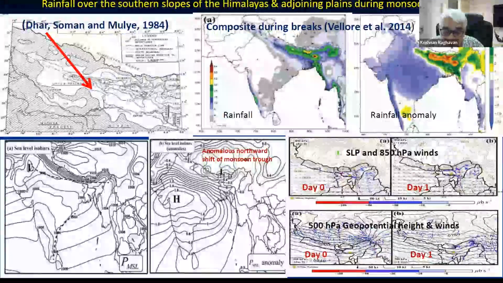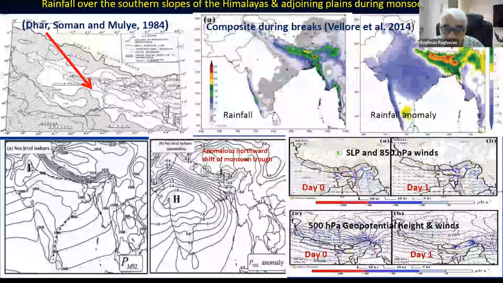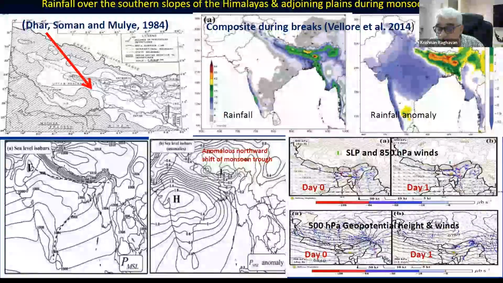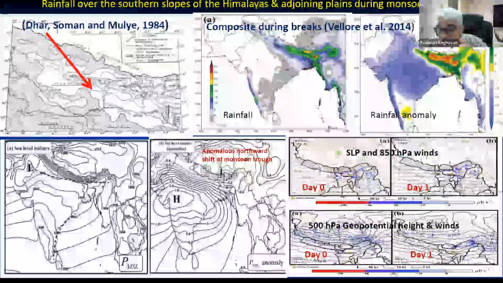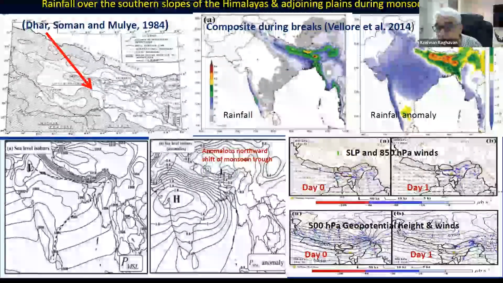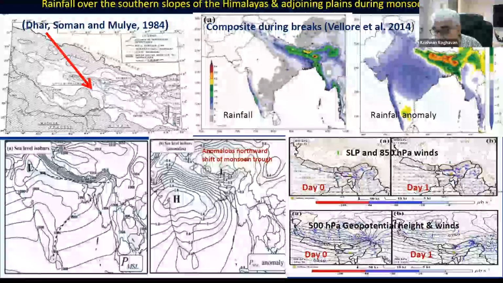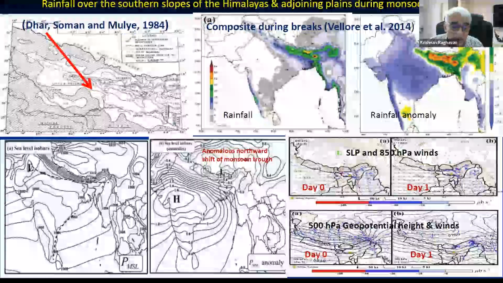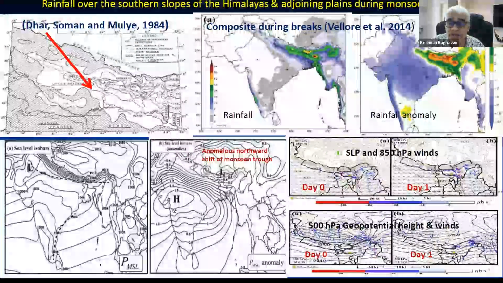And this happens when the water vapor is channelized from the Bay of Bengal towards the foothills. At this time, the monsoon trough, the low pressure trough, is also situated near the foothills. And there is an interaction with the subtropical westerlies, which intrude much further southward during this period. And you can get heavy rainfall and flooding.